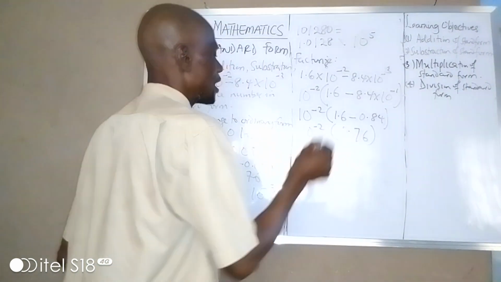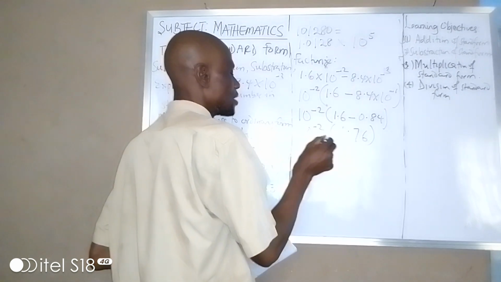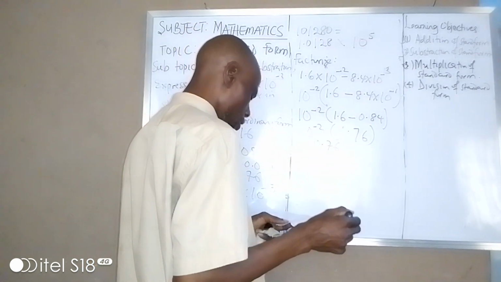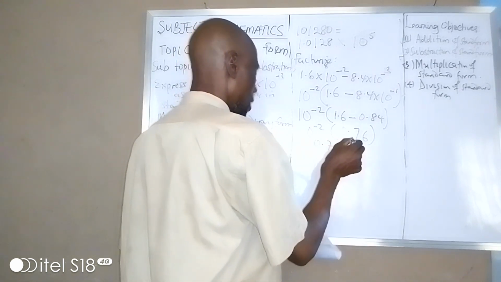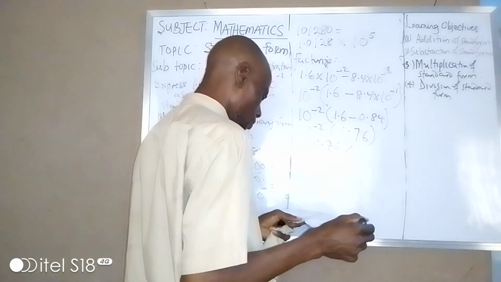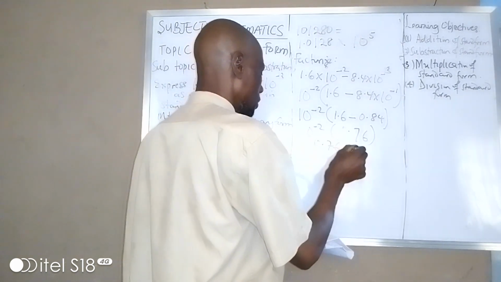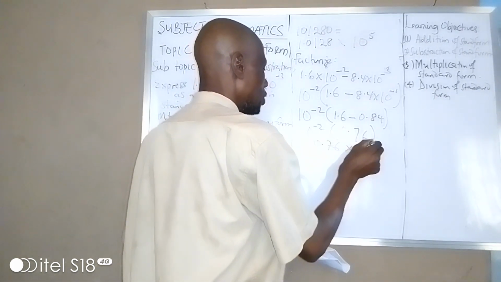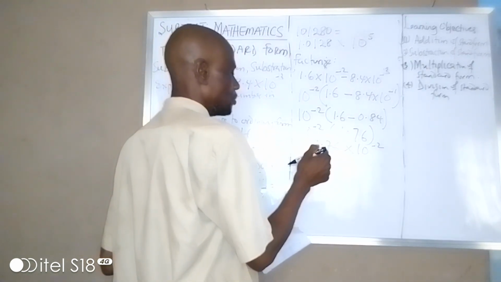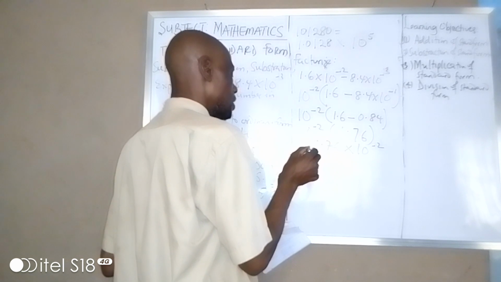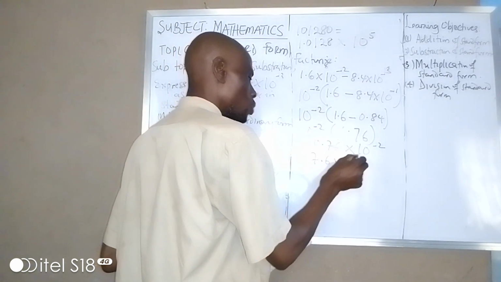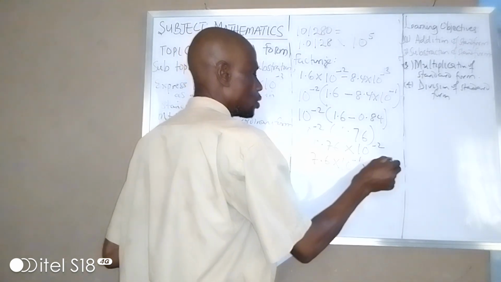So now I can say 0.76 multiplied by 10 to the power minus 2. You can change this one to standard form as well. 0.76 gives us 7.6 times 10 to the power minus 1, times 10 to the power minus 2.